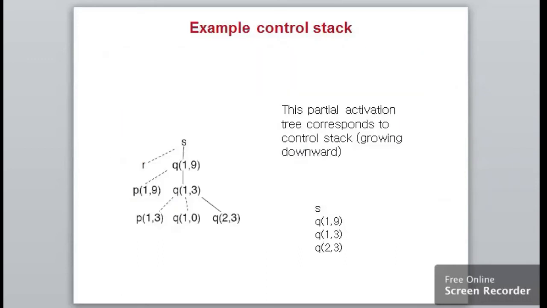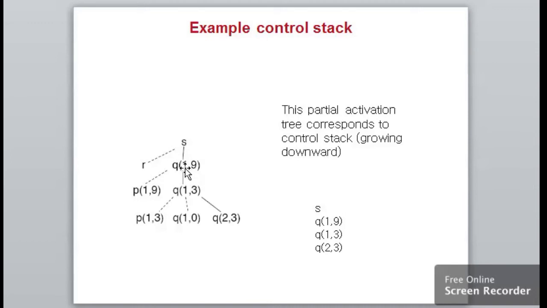So this is an example of a control stack. This partial activation tree corresponds to a control stack that is growing downwards. Starting from the main program, that is sort, read array, we have represented in dotted line, where the dotted line represents that this execution has completed, meaning this procedure is not in activation, whereas the solid line represents that it is in activation.